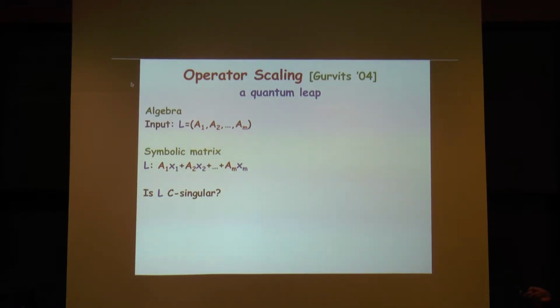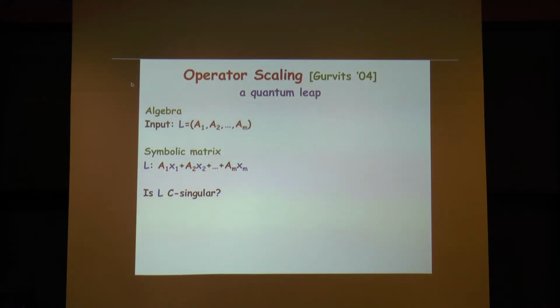Here's the algebraic problem we looked at: we get a tuple of matrices, we generate this symbolic matrix from it, and we ask whether it's singular, commutatively or non-commutatively. That's the problem Gurvits wanted to solve.